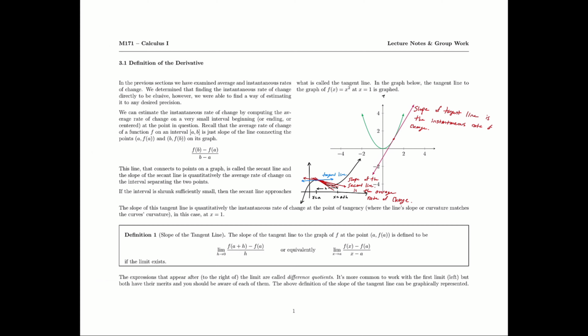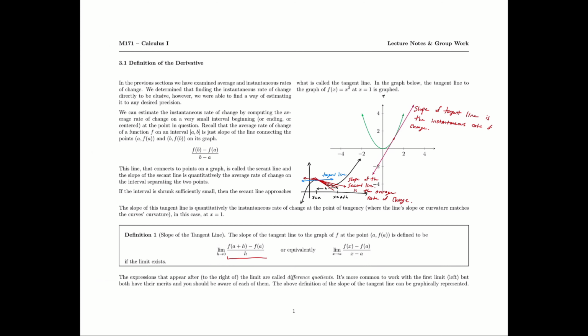Now there's another way that we can write this. It's this notation over here. It's still the slope formula. It's y2 minus y1 over x2 minus x1. It is a different formulation, but it is equivalent to this formulation.